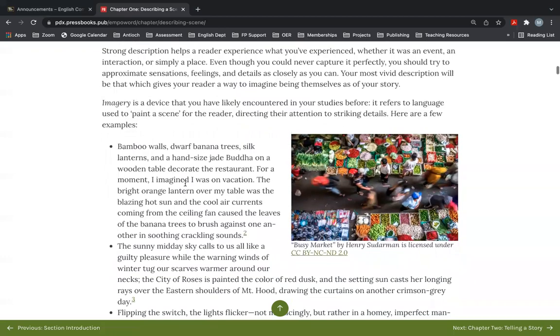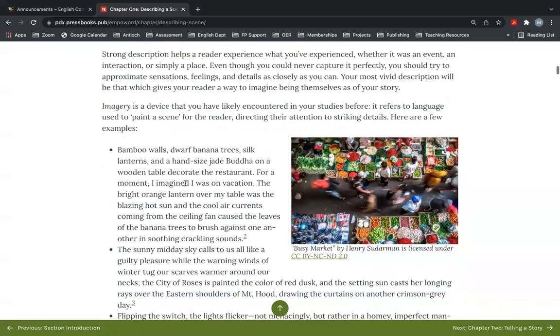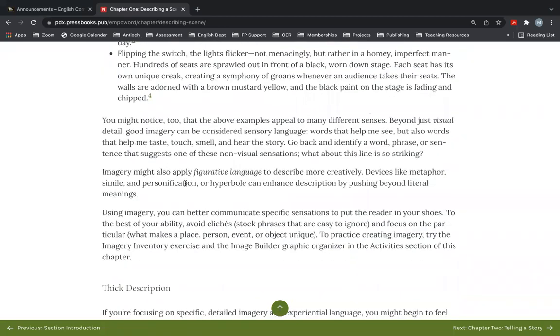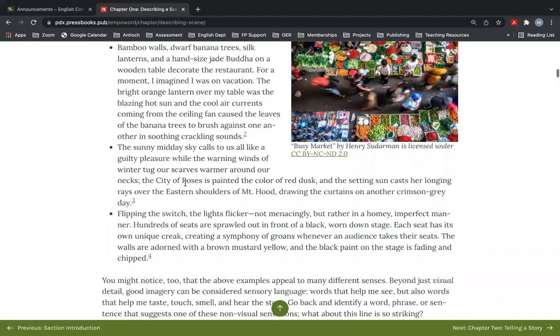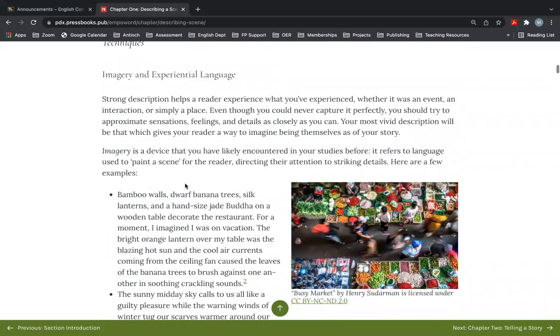What I wanted to add about experiential language in this chapter is that experiential means to experience. So when you are thinking about trying to get your readers to see a particular scene or feel an emotion, you're looking at experiences.